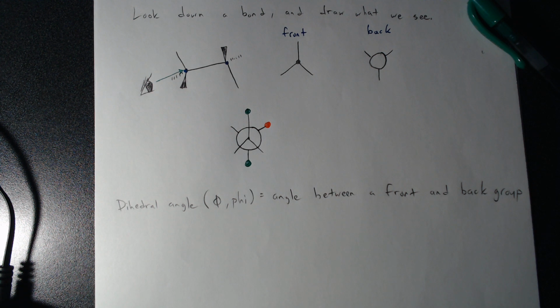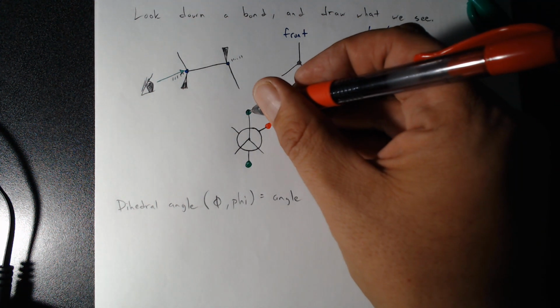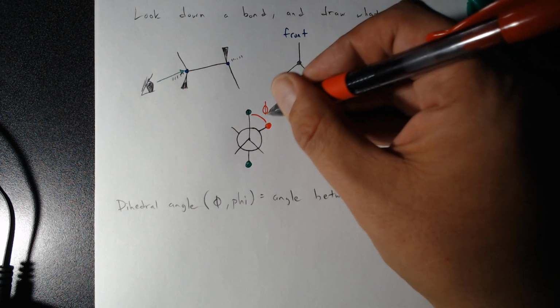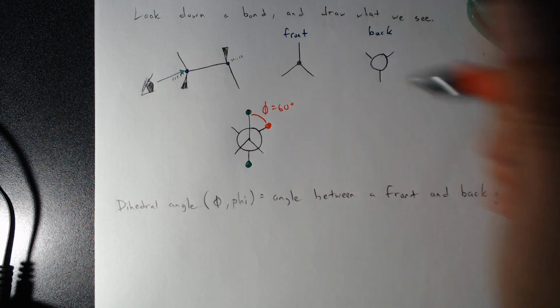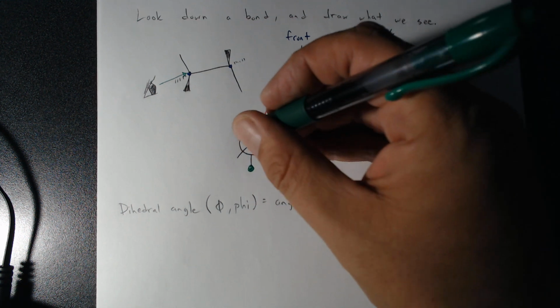All right. And it works out that if two groups are directly overlapped, then their bond angle is 0. So if we're going between, like this one, green to red here, that's a 60-degree angle. And we're not going to be working in radians or anything. We're going to use degrees. So no radians.